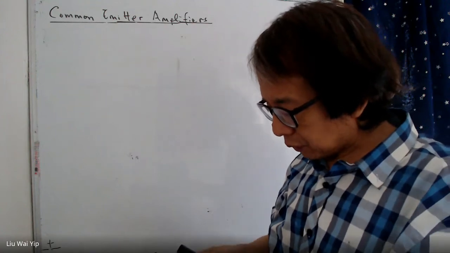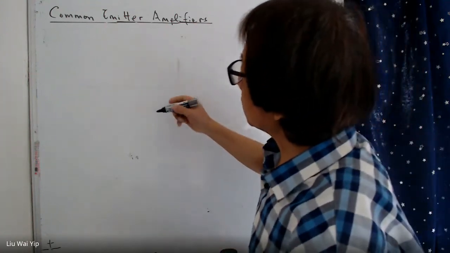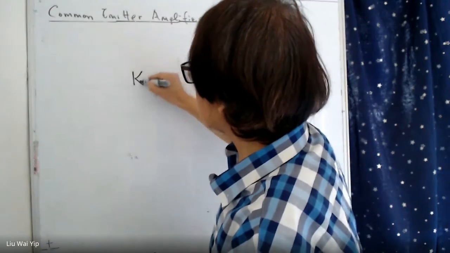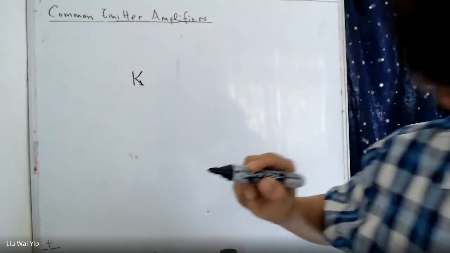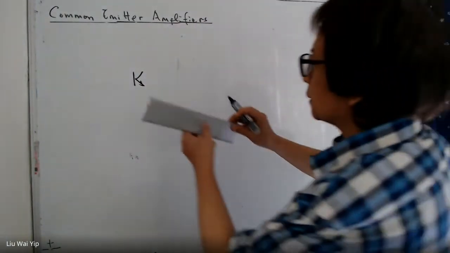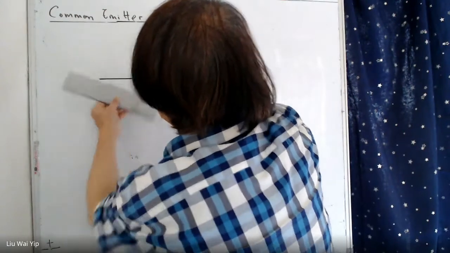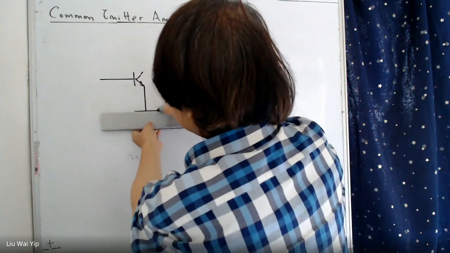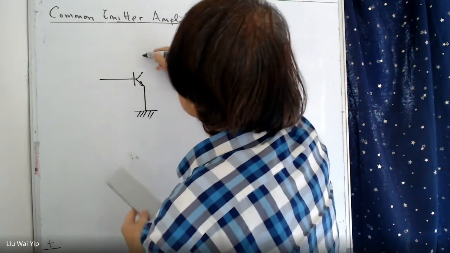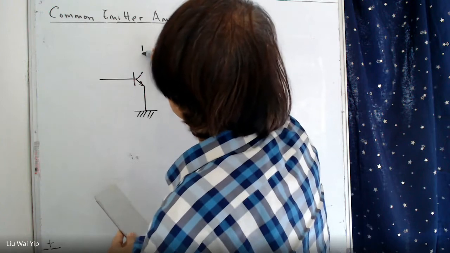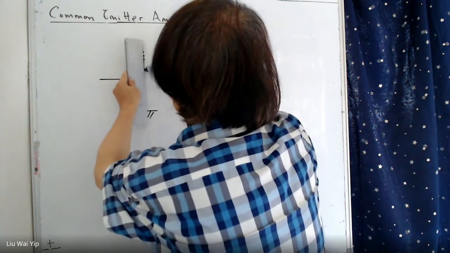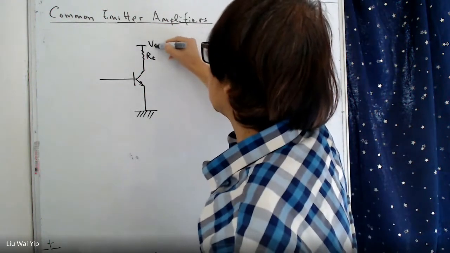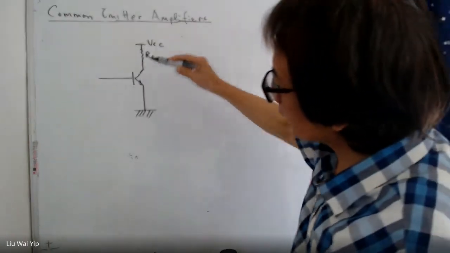Say, for instance, if you have a transistor, one of the solutions is you can have input like this. You can have the emitter connected in this way.